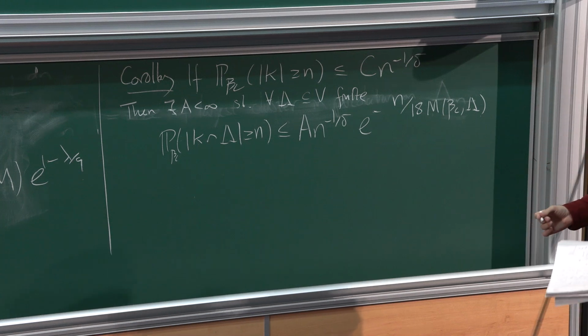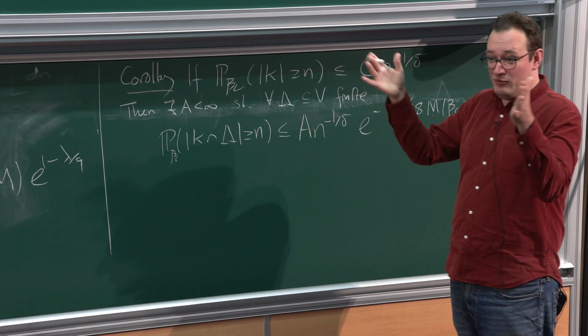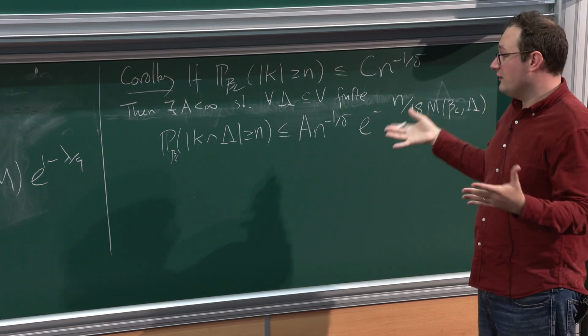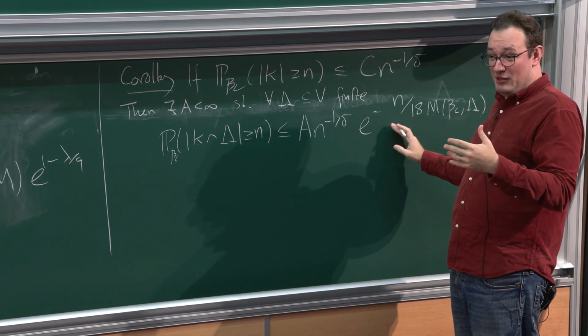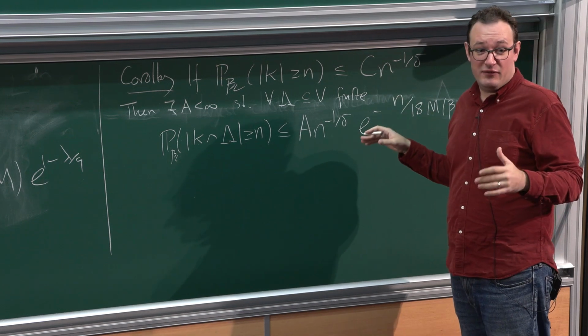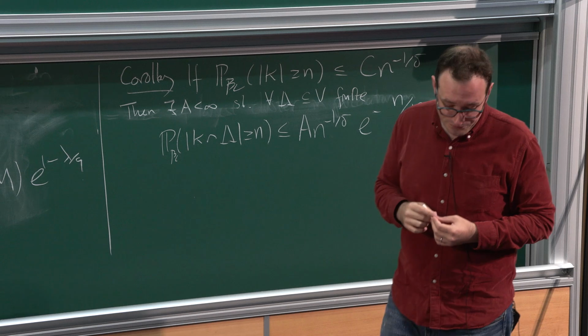Okay, so in other words, if you also happen to know that in infinite volume you have this power law tail, then when you restrict to finite volume, you get the power law tail and an exponential term when you start going above this typical size of the largest cluster.